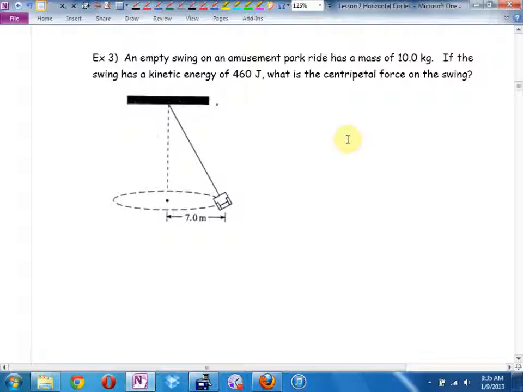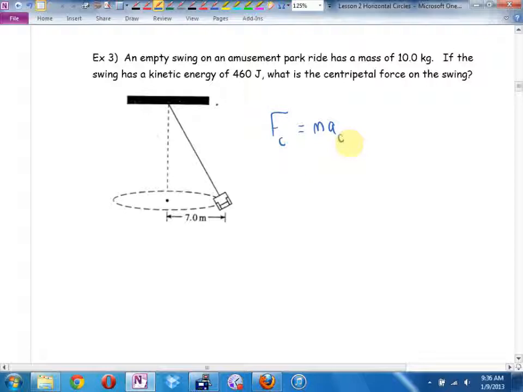What do they want me to find here? Which equation am I going to use for circular acceleration?